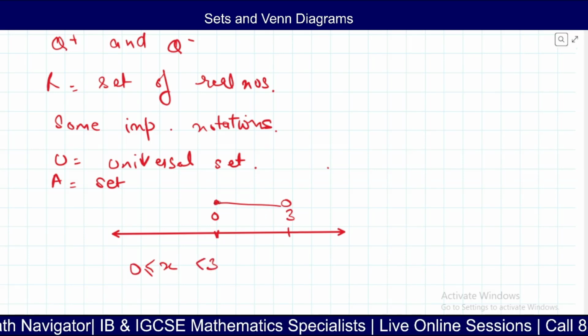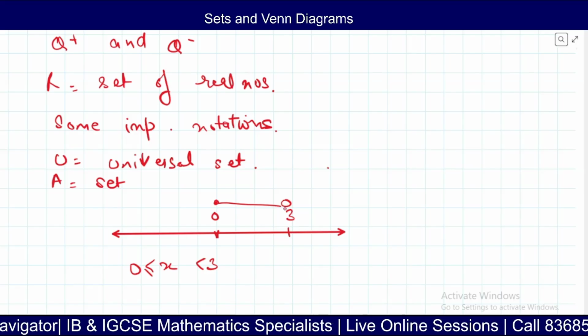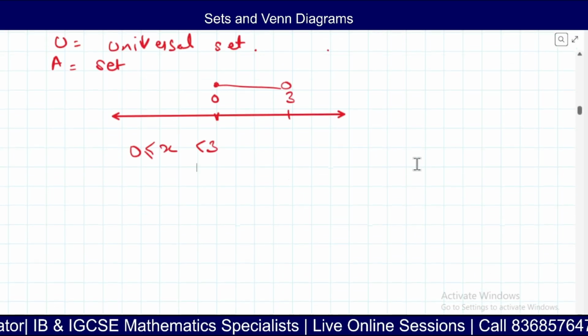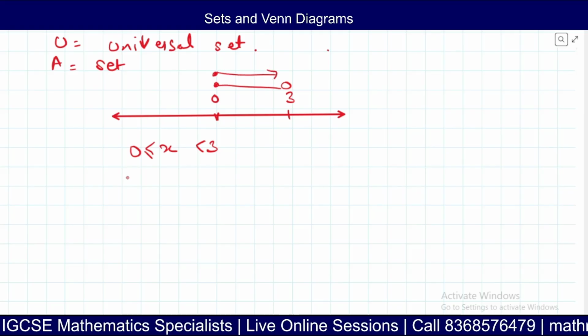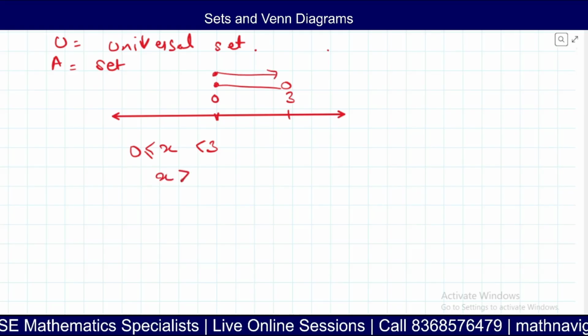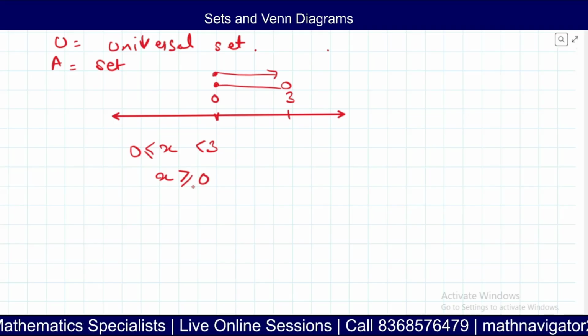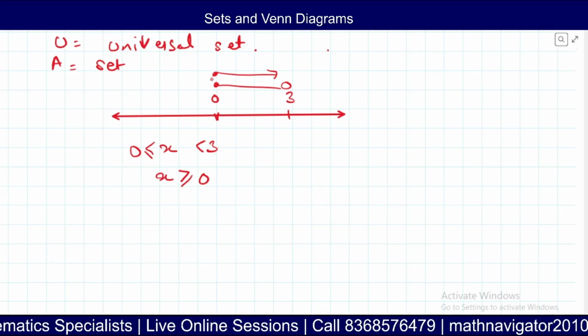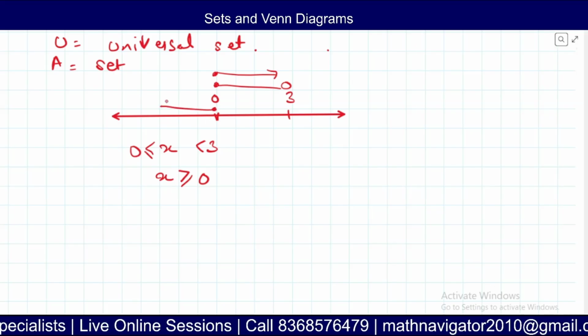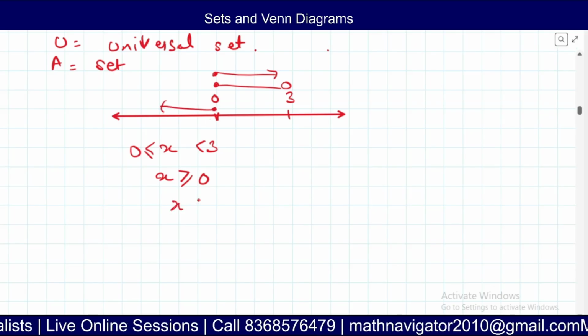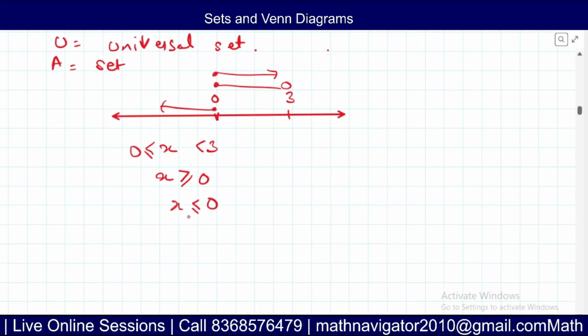This is a filled circle, which means it is included, and an empty circle means it is not included. If I'm making something like this, I'll say x is greater than or equal to 0. And if I'm making something like this, x is less than or equal to 0.